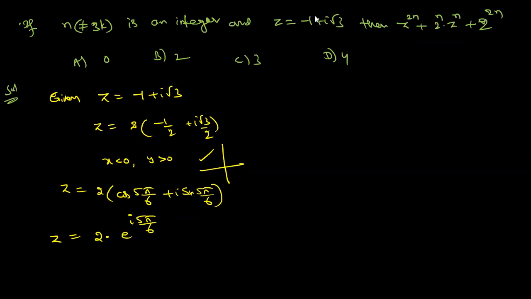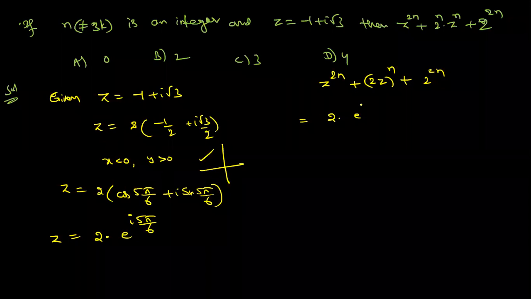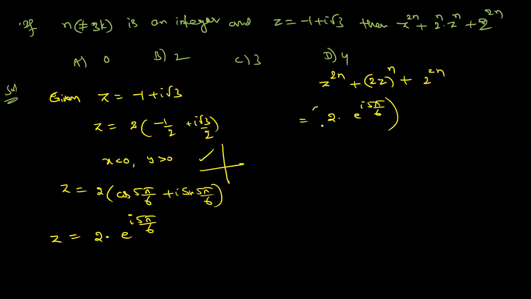I can write like this, see carefully. So this is the question now. So put this value in the coming question. What is the condition given? z power 2n plus 2z whole power n plus 2 power 2n is given. Okay. z power 2n means what here? 2 into e power i 5 pi by 6, whole power 2n.